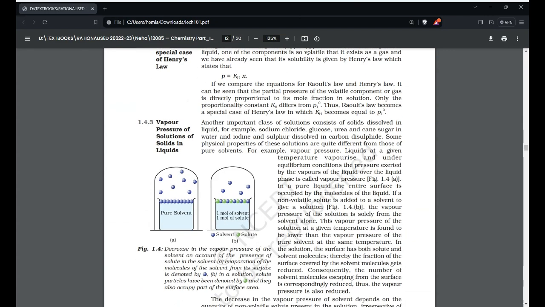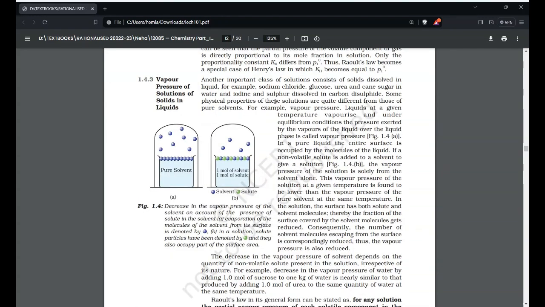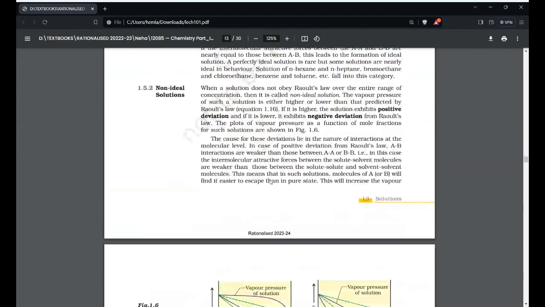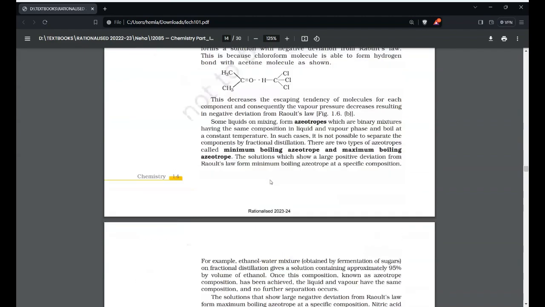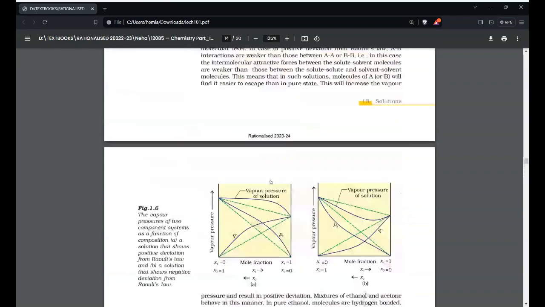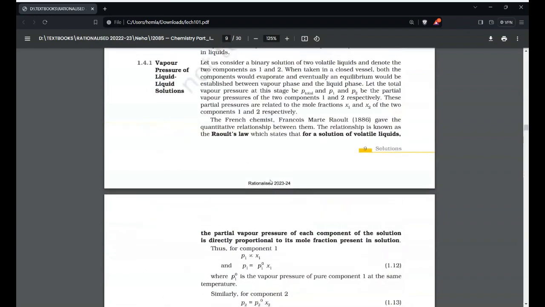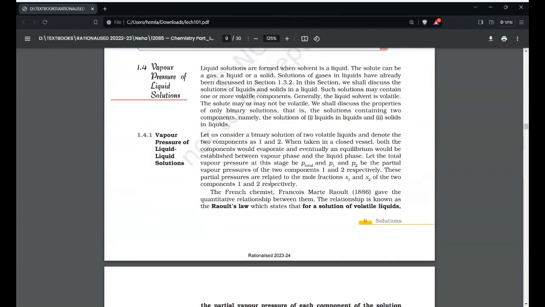So the Raoult's law is the main thing over here. Then we have solids, liquids, non-ideal and ideal solutions, azeotropes, और इसके बाद what? So this is the solutions वाला part. इसके बाद आएगी colligative properties.